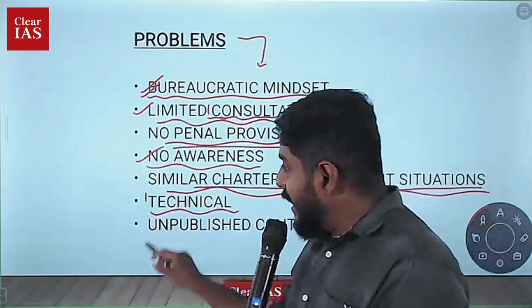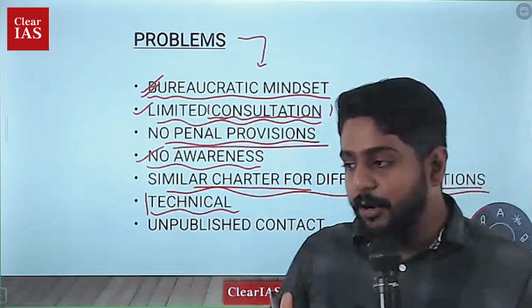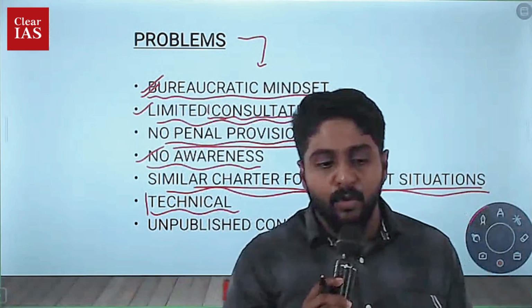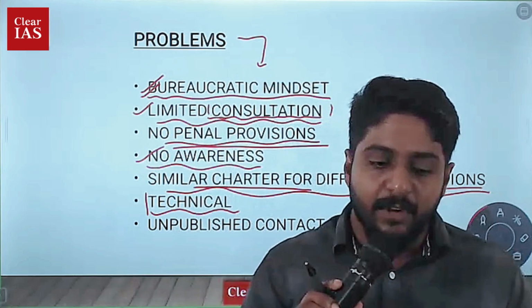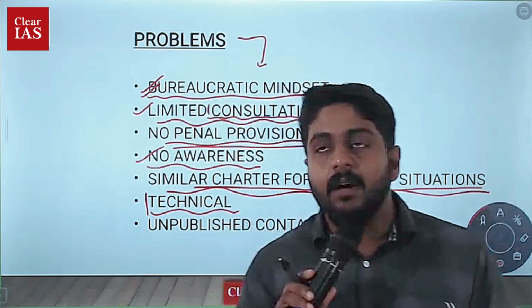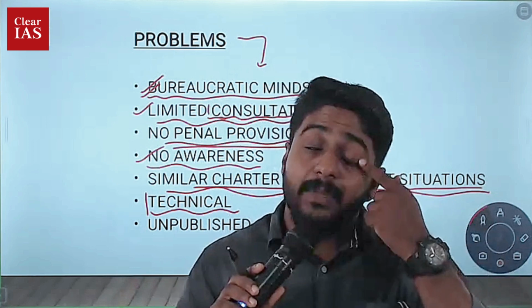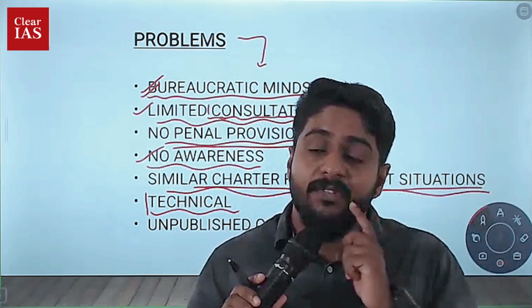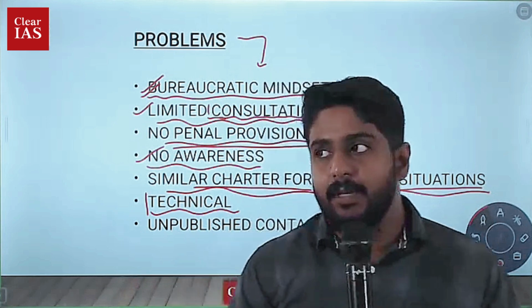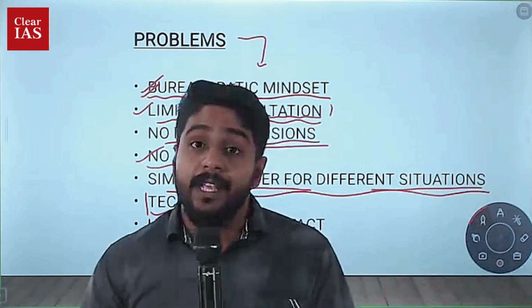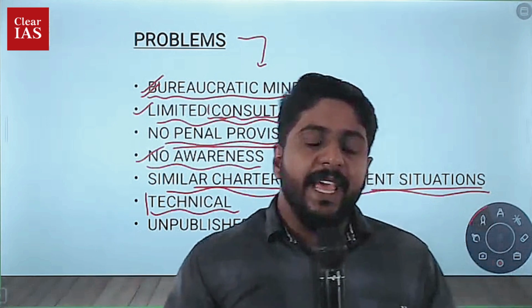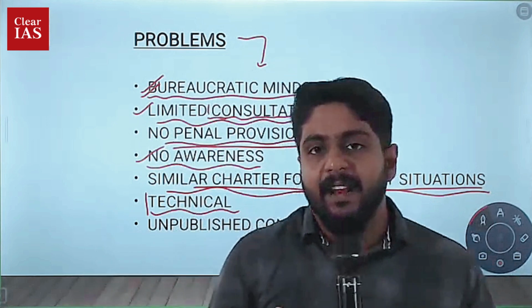Technical in nature. Even when I showed you the Citizens Charter, you might have noticed that many terms are not accessible for ordinary individuals or citizens of India, or those who might not have that education. Why? Because they feel that this is highly technical, isn't it?